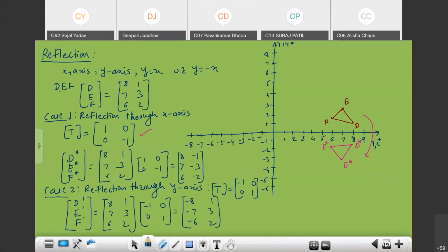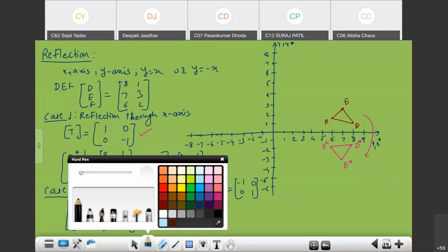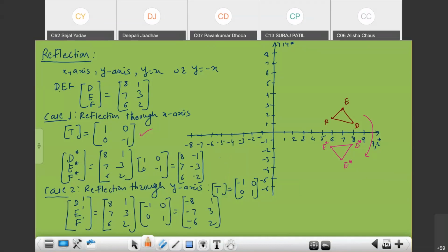Now I draw this here. Minus 8, 1 is D dash. Then minus 7, 3 is E dash.